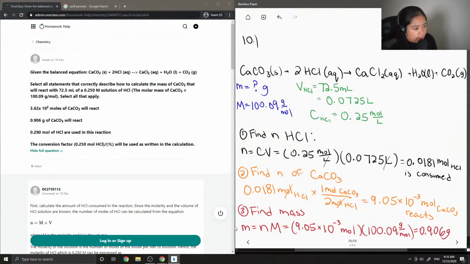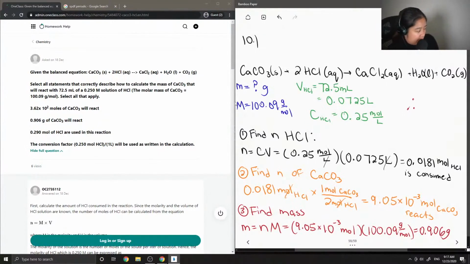Okay, so now let's look at the options they give us in the questions. 3.62 times 10 to the 2 moles of CaCO3 will react, so that's not correct. 0.906 grams of CaCO3 will react, so that is correct.